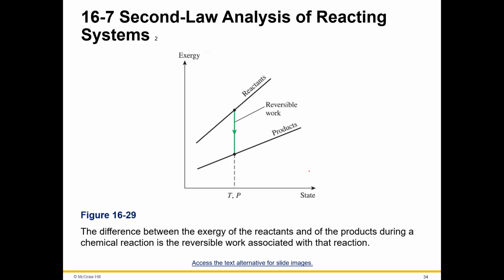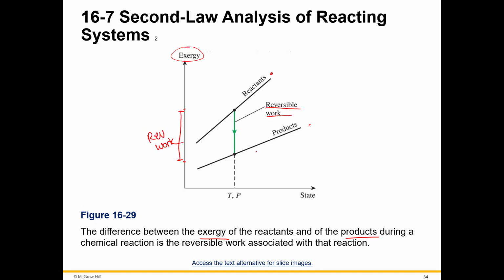The difference between the exergy of the reactants and the products during a chemical reaction is the reversible work associated with the reaction. So we've got reactants and products plotted in reference to exergy, right? So this difference right here, this is your reversible work.